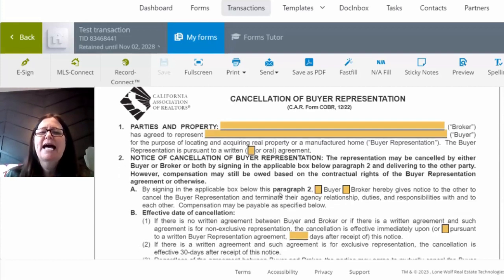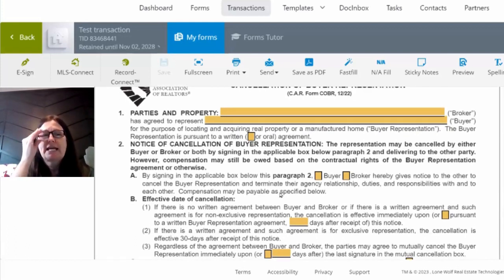And then it says if there's a written BRBC, that compensation might still be owed based on that contract, even though we're canceling that contract. And so compensation would still be owed, again, if we fill out that form and we identify what properties there was broker involvement, and as long as the dates and all of that line up.